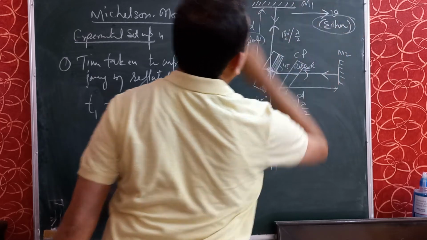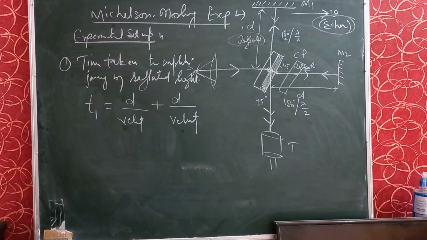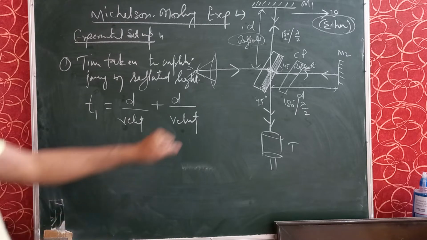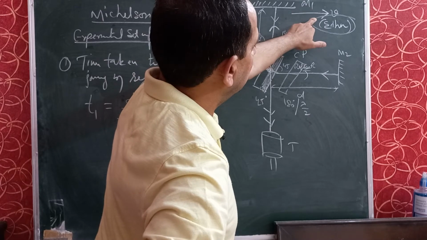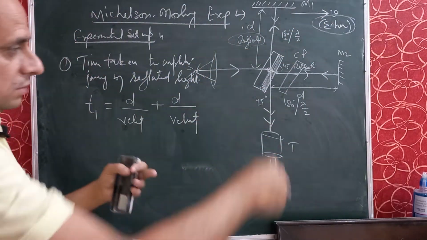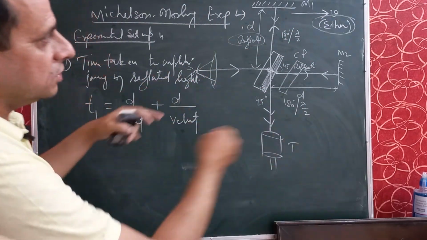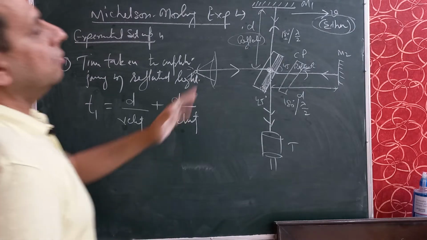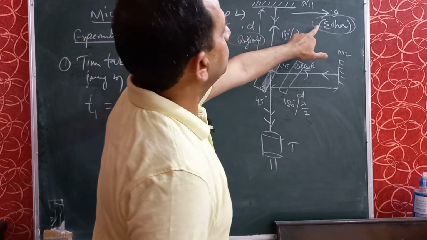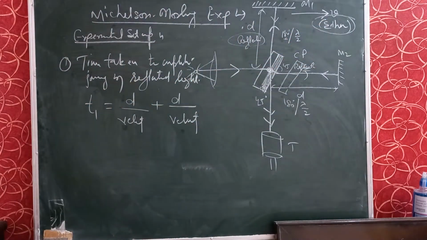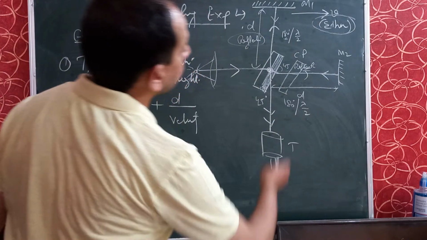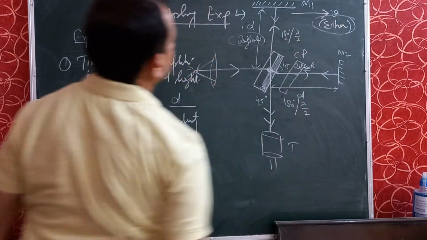This is a new thing that Michelson and Morley assumed: there is an ether, and when the earth rotates, the ether will also rotate along with the earth, and the relative velocity of ether with respect to earth is v. So, this is the relative velocity v, the velocity of ether.